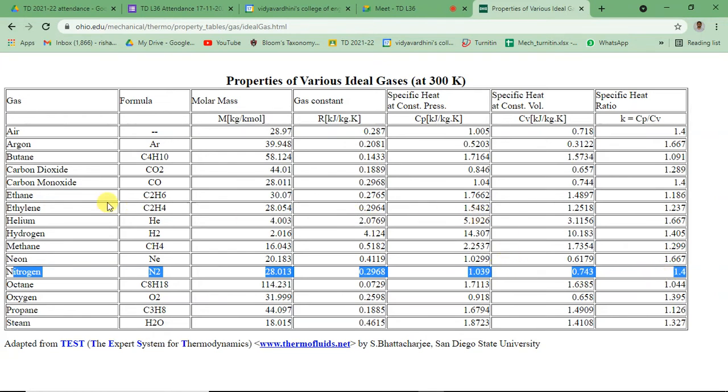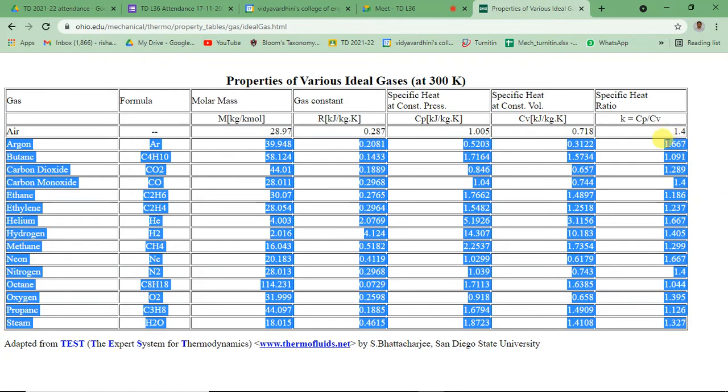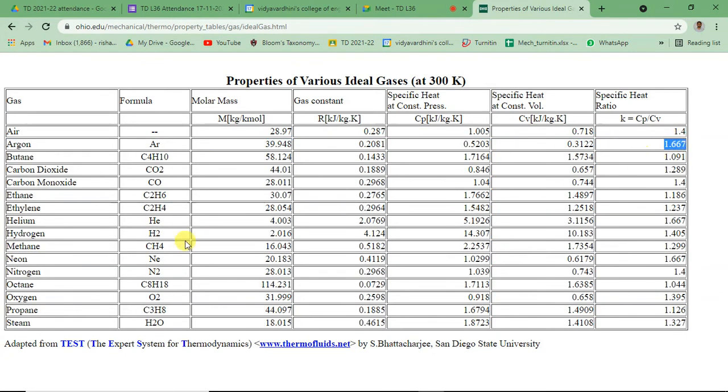Now we'll see monoatomic gases like argon. Here you can see gamma is 1.667. Then helium, gamma is 1.667, and neon, here also gamma is 1.667.